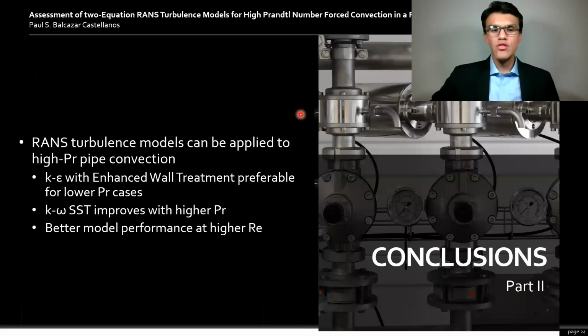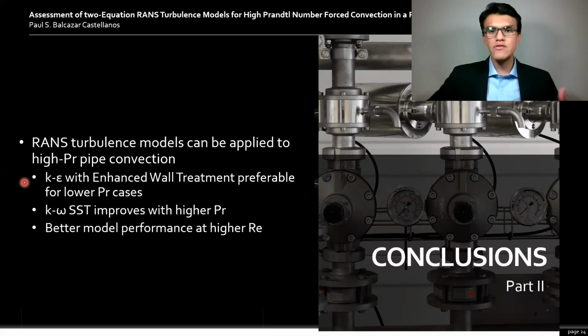Finally, when we look back at the objective of this investigation, we see that RANS turbulence models can be applied to high Prandtl number convection with constant wall heat flux. Specifically, the K epsilon model with enhanced wall treatment is preferable for lower Prandtl number cases where modeling of the viscous sublayer is less relevant. Additionally, in these cases, the Nusselt number is underestimated.